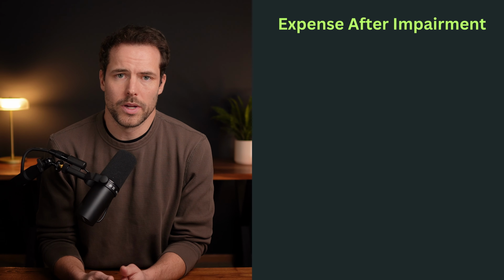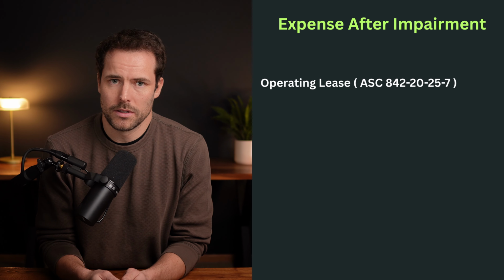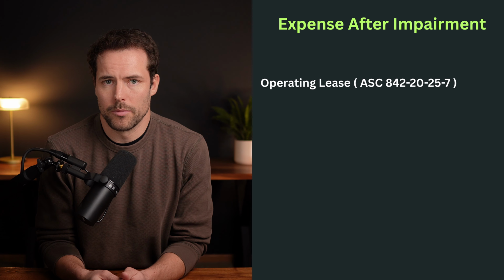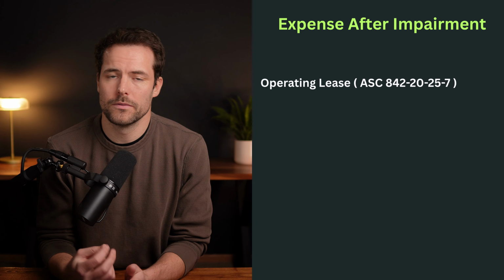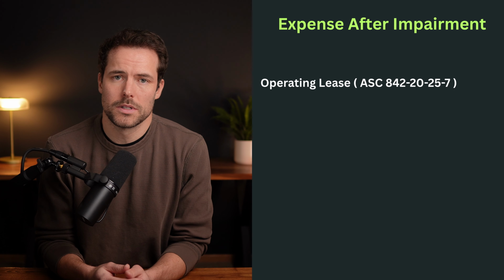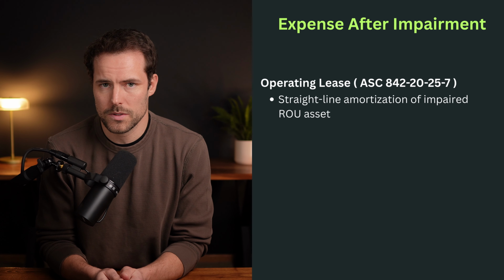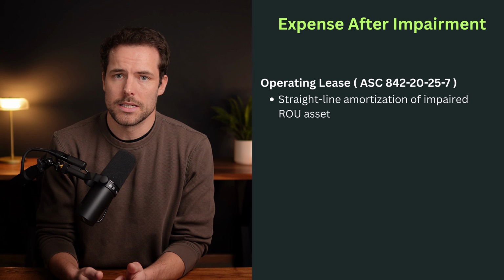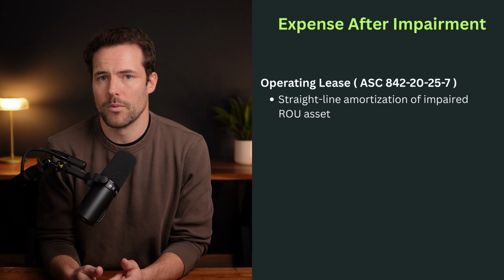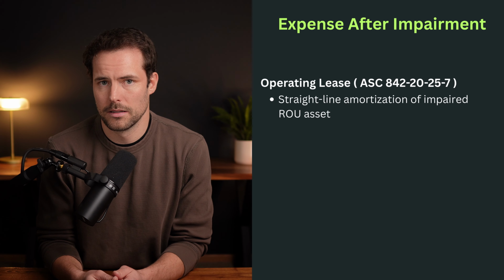So for an operating lease, paragraph 842.20.25.7 states that after an impairment, total lease expense is calculated as the sum of two items. First, we amortize the remaining balance of the impaired right-of-use asset on a straight-line basis, unless another systematic method more faithfully represents how we expect to consume the benefit of the asset.